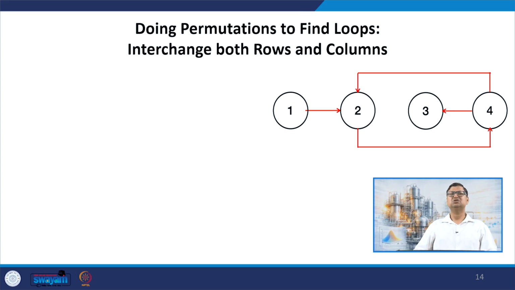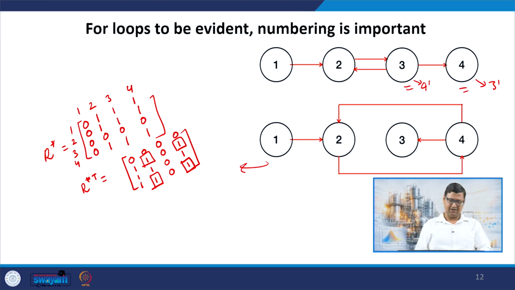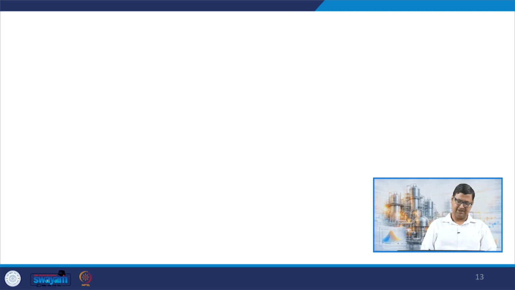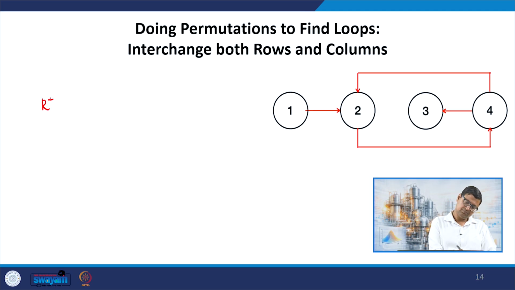We can do some kind of permutations to find loops. And how do we do the permutations? We can exchange or interchange the rows and columns. So we have already obtained this R star transpose here, and that gave me something like this.